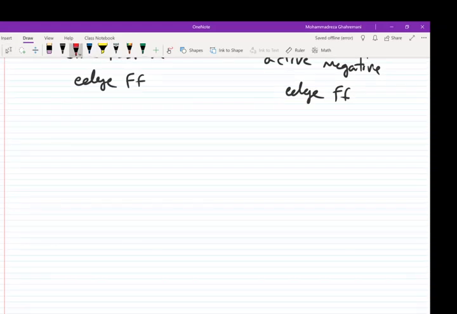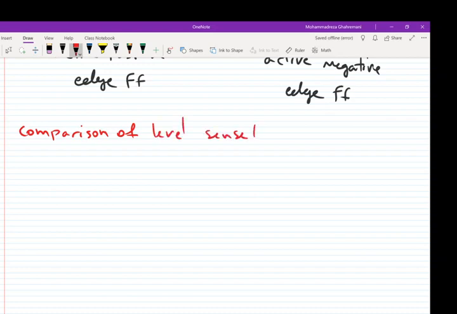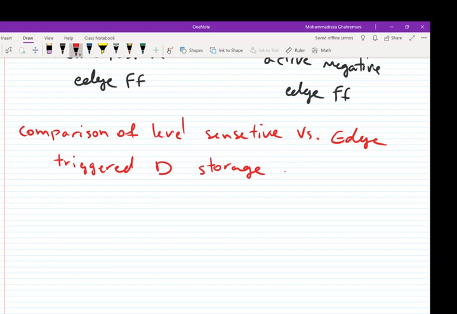So let's call it comparison of level sensitive versus edge triggered D storage elements.